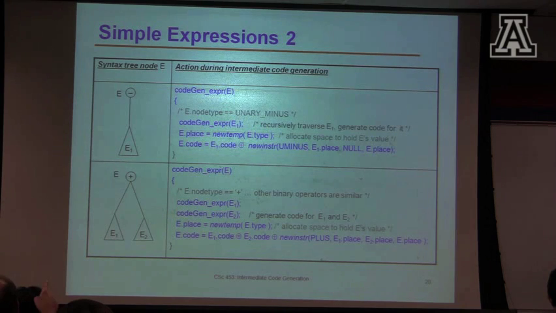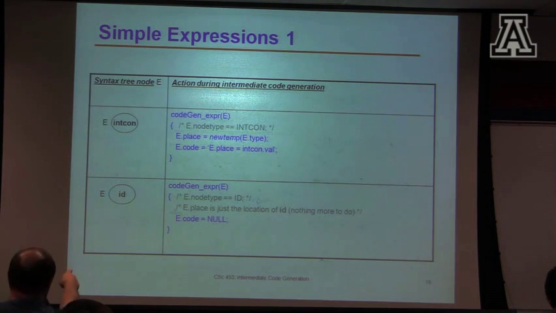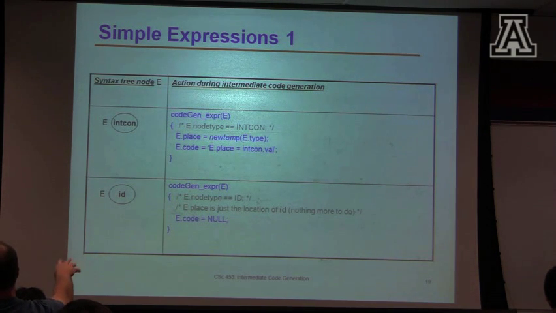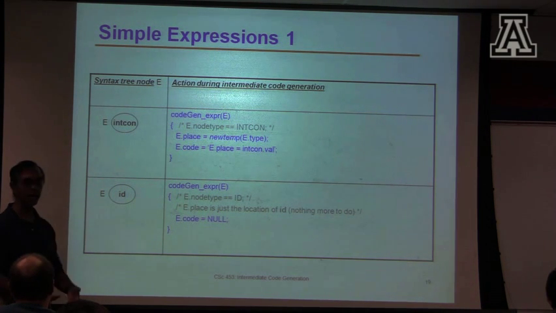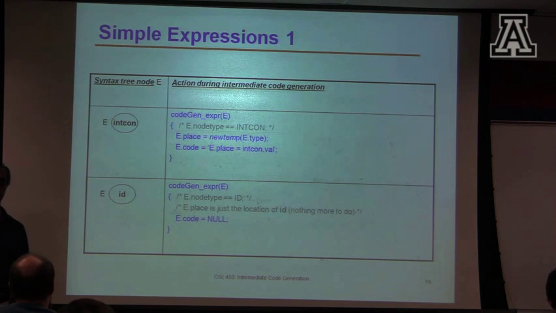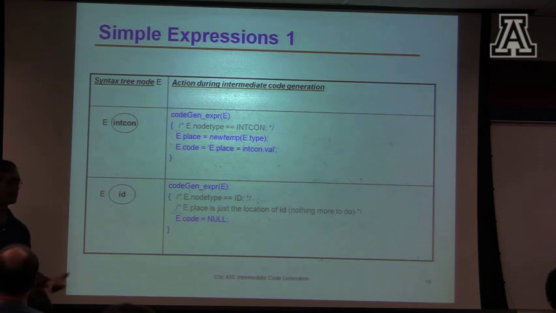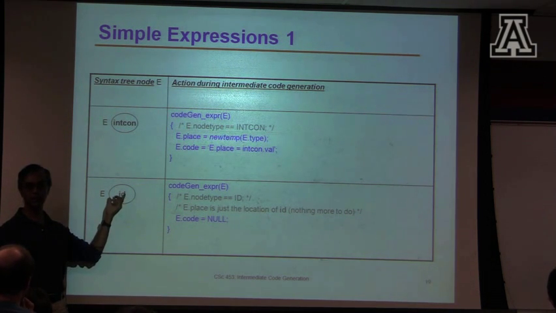Is it possible to go back one slide? Sure. For the identifier syntax tree node, I'm a little confused why we don't really seem to do much of anything there. The reason we don't do anything for identifier is that this node already has a location, because there is already a symbol table entry for it.